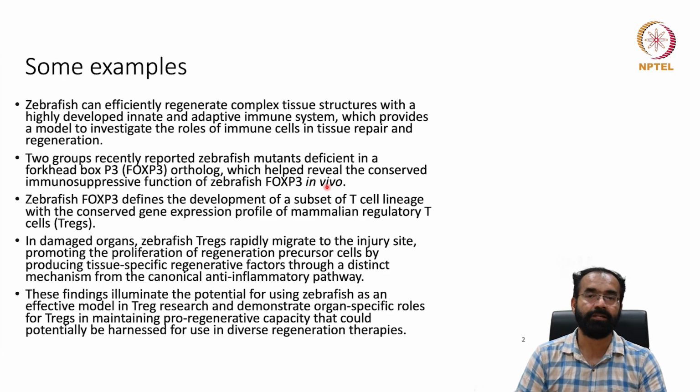Your leg is missing, you are still there. What about if your head is missing? Your identity is lost, life also is lost. So in the same way, FOXP3 is an important gene for regulatory T cells. Zebrafish FOXP3 defines the development of a subset of T cell lineage with conserved gene expression profile of mammalian regulatory T cells. Like I told you some time ago, zebrafish have a lot in common with mammals.